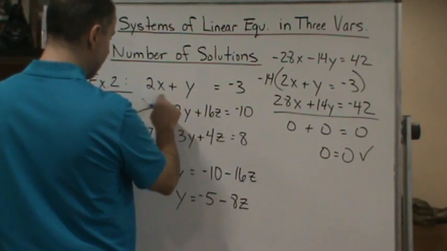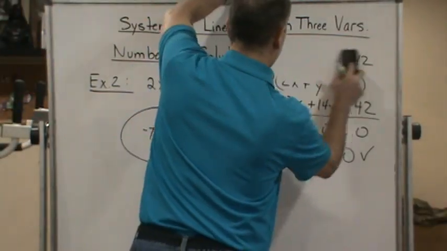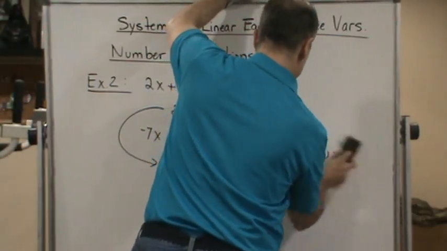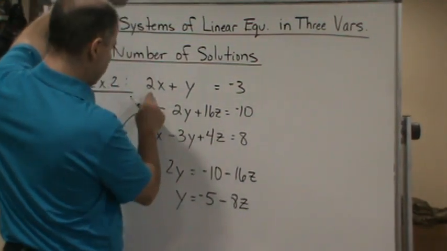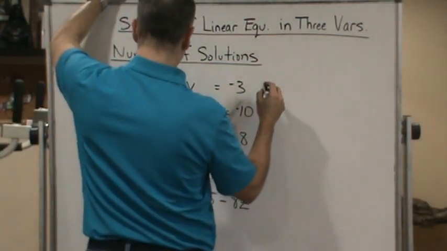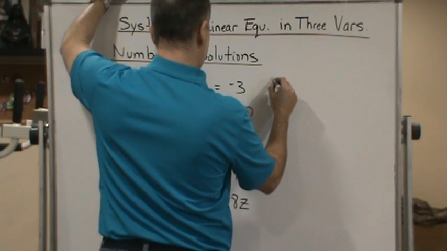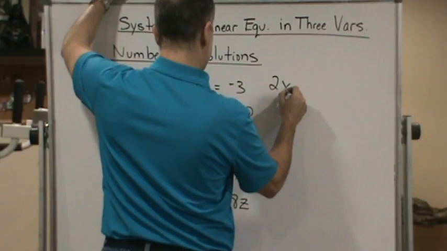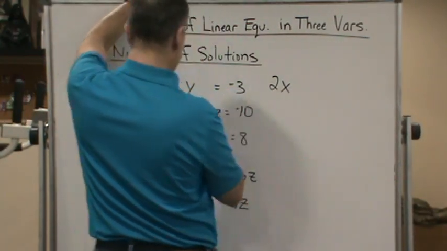Okay, so we could take this equation here. Let's use the first one. We could use the second one, but let's use the first one. So we've got 2x plus y. So let's move the y over.